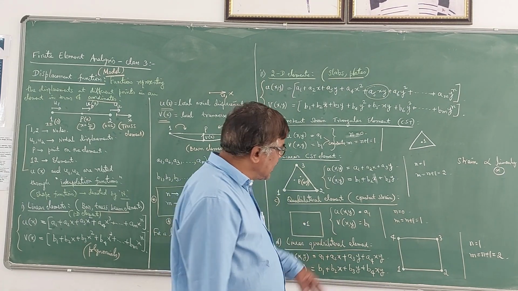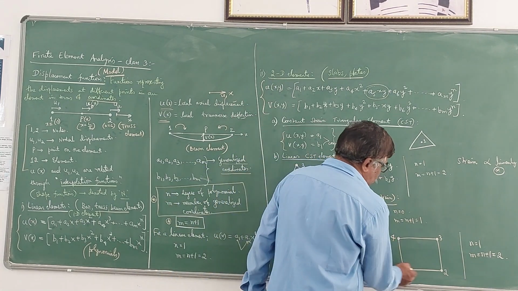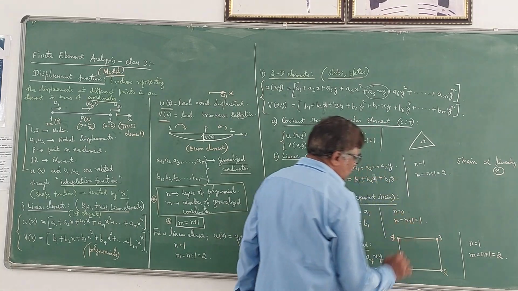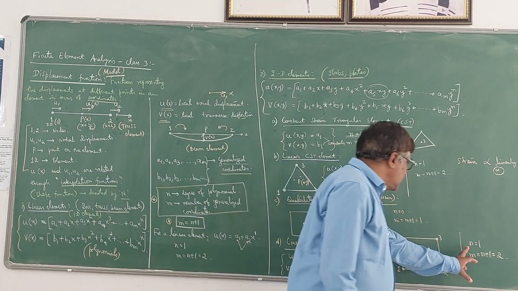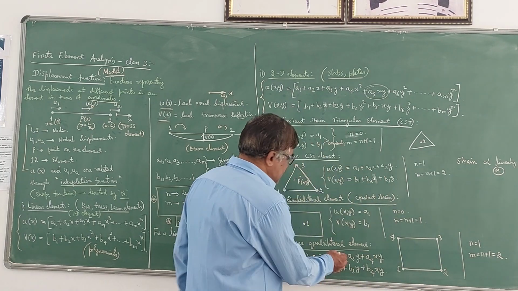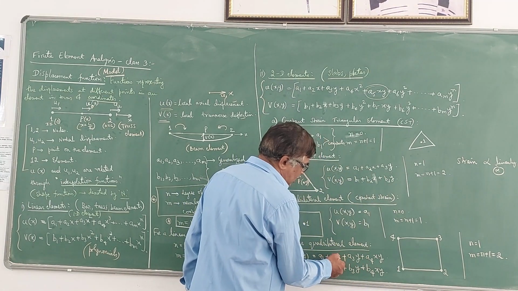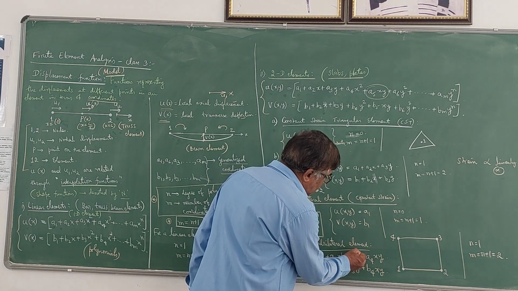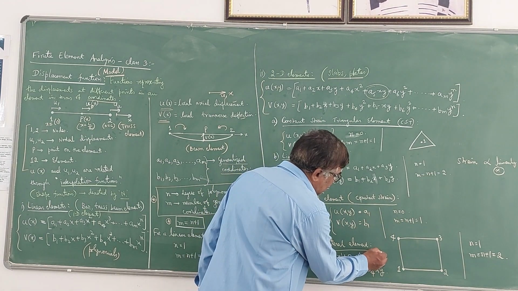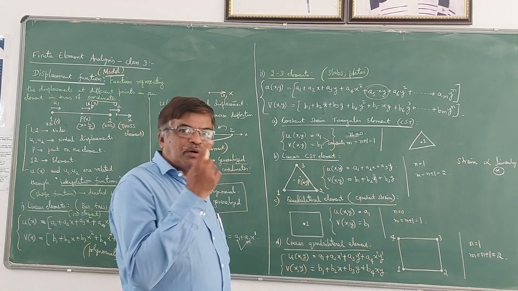In such a case, you will be having 4 nodal points, 1, 2, 3, 4. So n value will be 1 here, because the highest power of x or y is 1. So here x power 1, y power 1, like that. So highest power is 1.